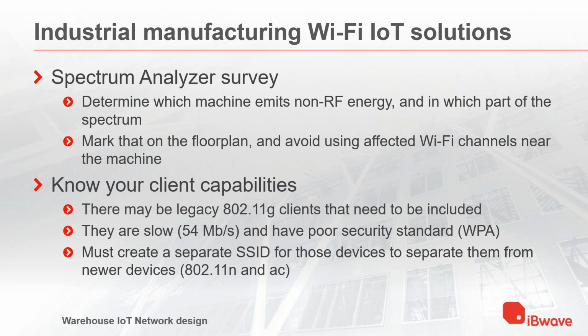As a matter of fact, what I said here for manufacturing applies to warehouses as well, because there may be scanners that are 802.11b and G, and this option should be enabled at your AP. Your AP obviously should support 802.11b and G. And obviously, a separate SSID should be created for the scanners.